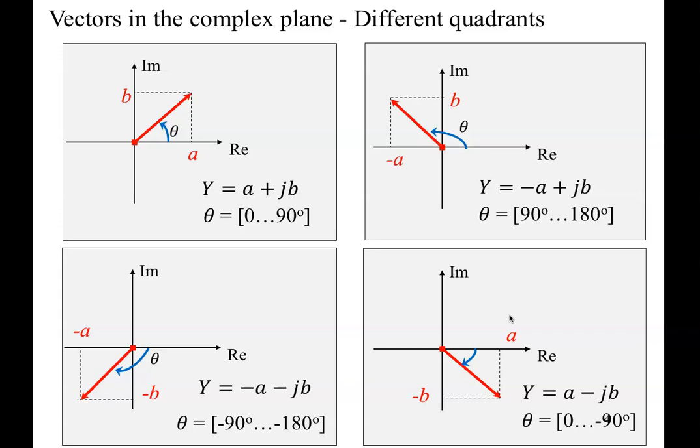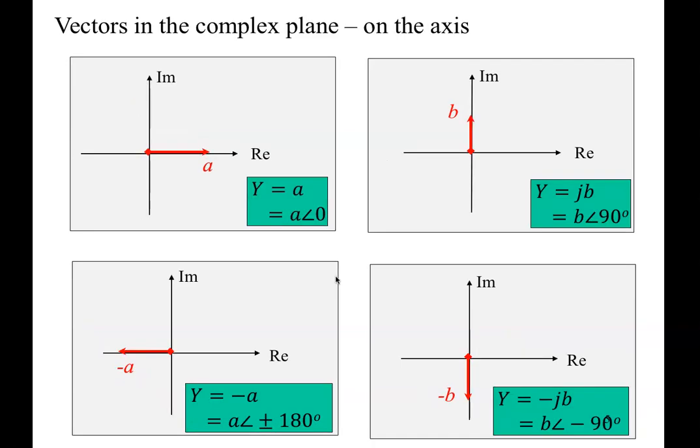So these are the four quadrants. Besides the four quadrants, we can also look at four very extreme cases, where the complex number sits on the axes.